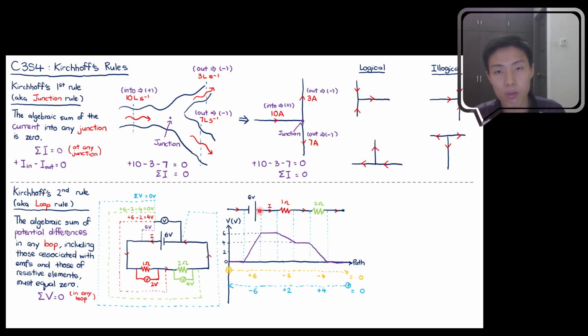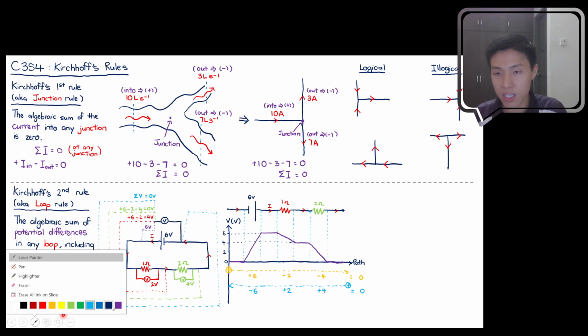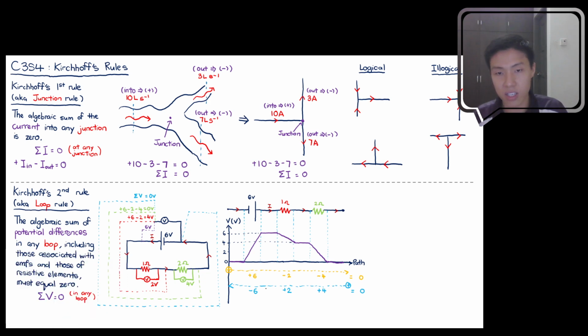And passing through the EMF, if you go from low to high, you should expect a gain, but if you go from high to low, you should expect a loss. So you can analyze the loop from different perspectives. As long as you go through a full loop and sum all the potential differences up, it should be equal to 0.